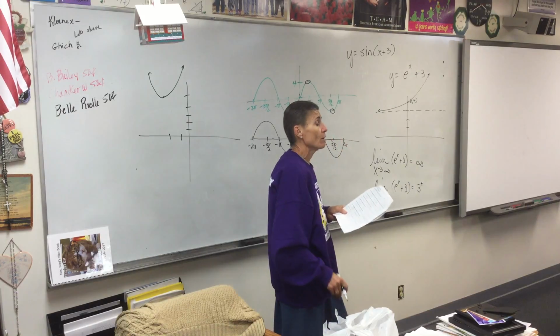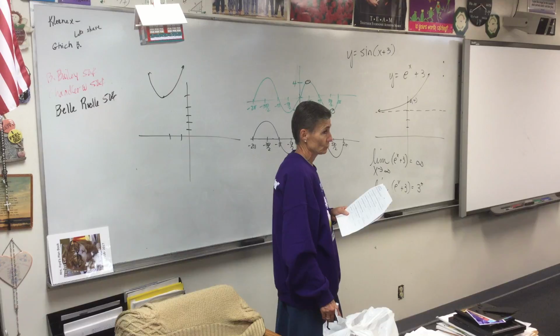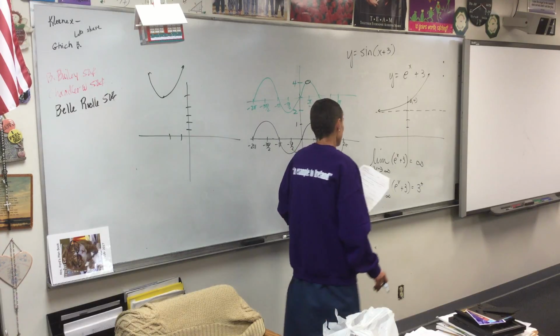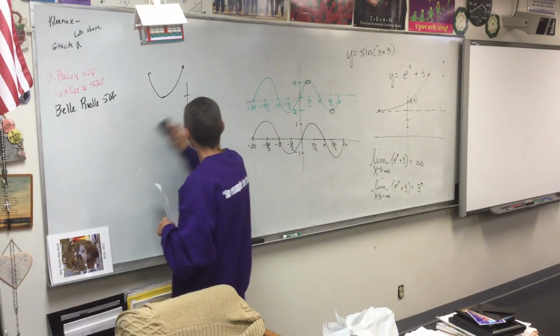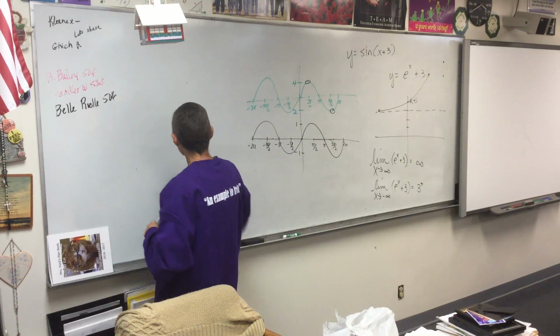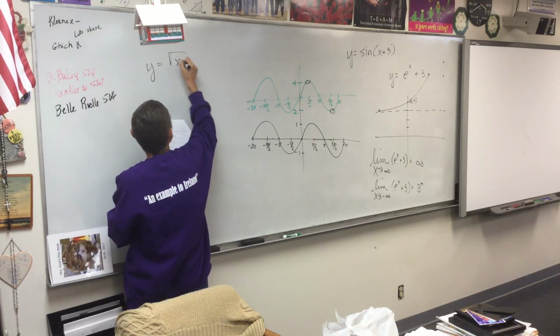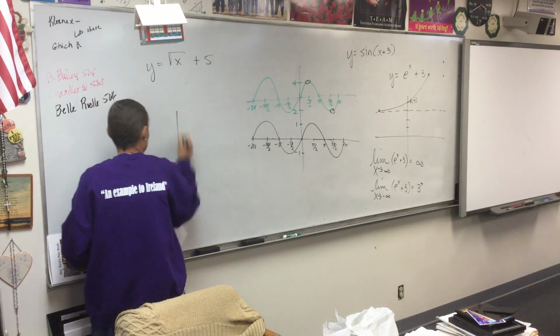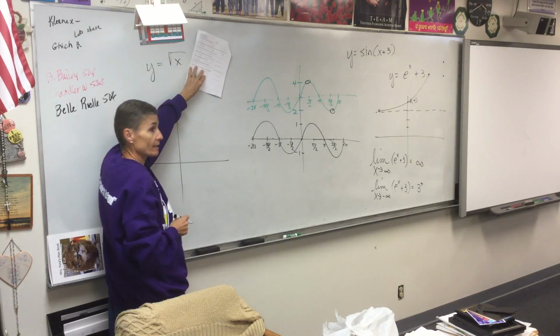Number 22. Find the range. Range for me is always harder than domain, but I can usually figure it out if I have a picture. So here's my function. Now, do we know what that looks like?